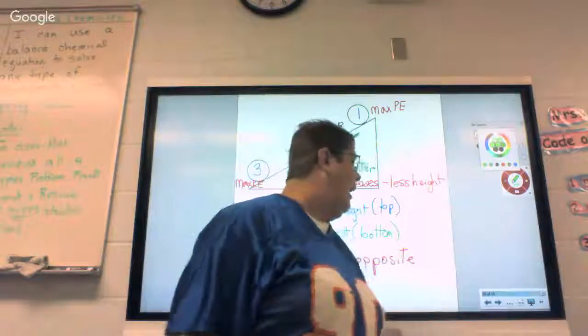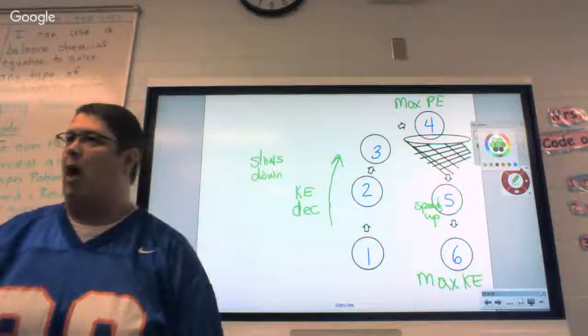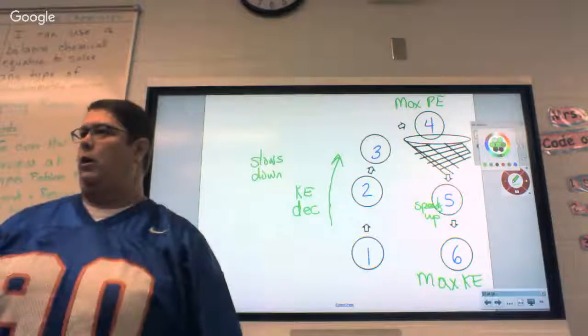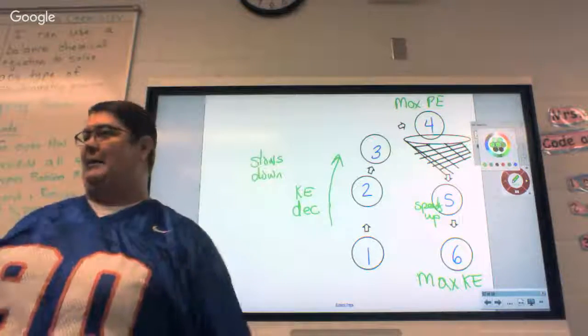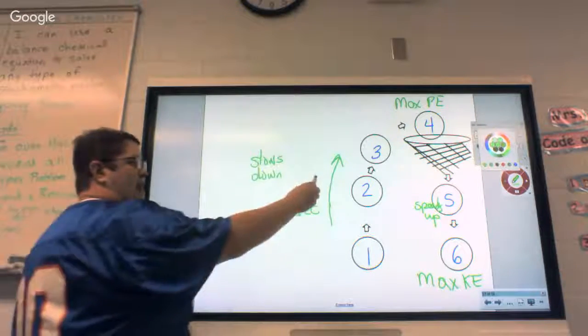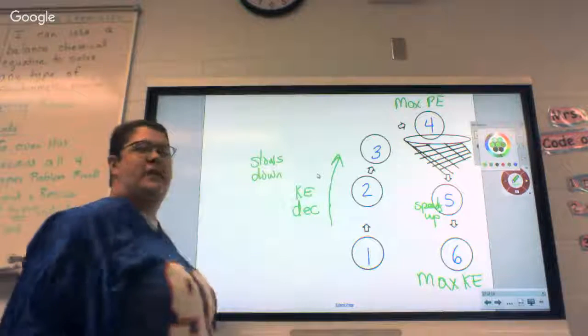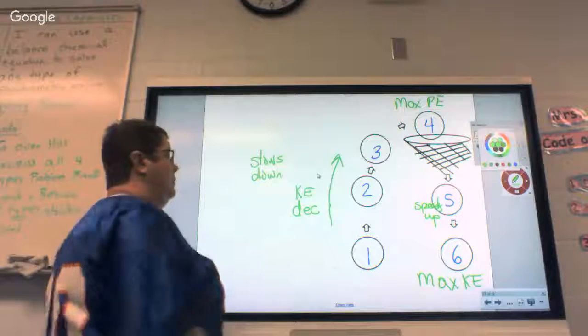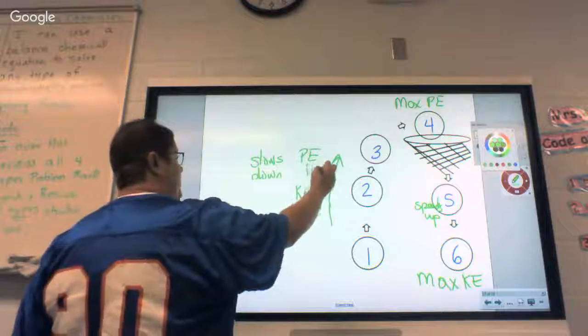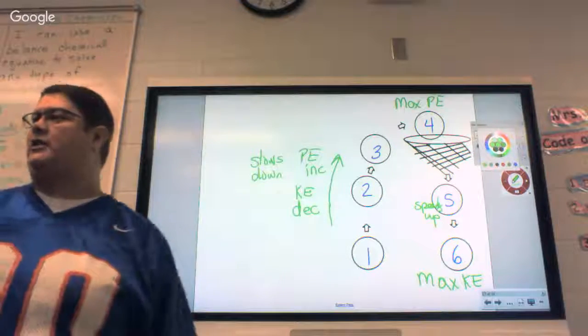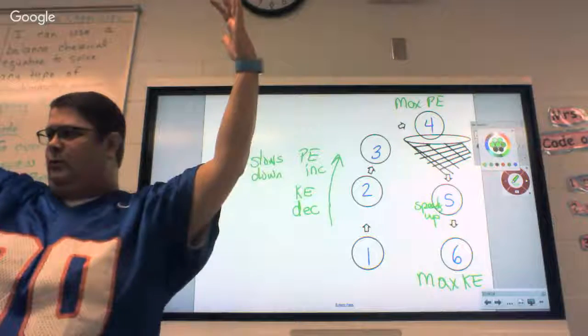So all I'm asking about is, is the ball higher or lower? Higher. So is potential energy greater or less? Does potential energy increase or decrease? Potential energy increases because it's higher.